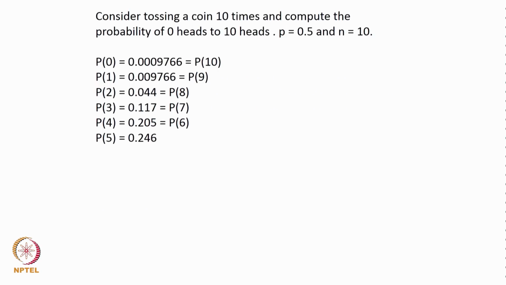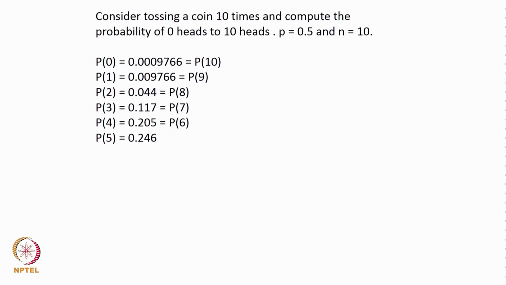For example, consider tossing a coin 10 times and computing the probability of 0 heads to 10 heads. So, p is equal to 0.5 and n is equal to 10, and since p is 0.5, probability of success is also equal to probability of failure.